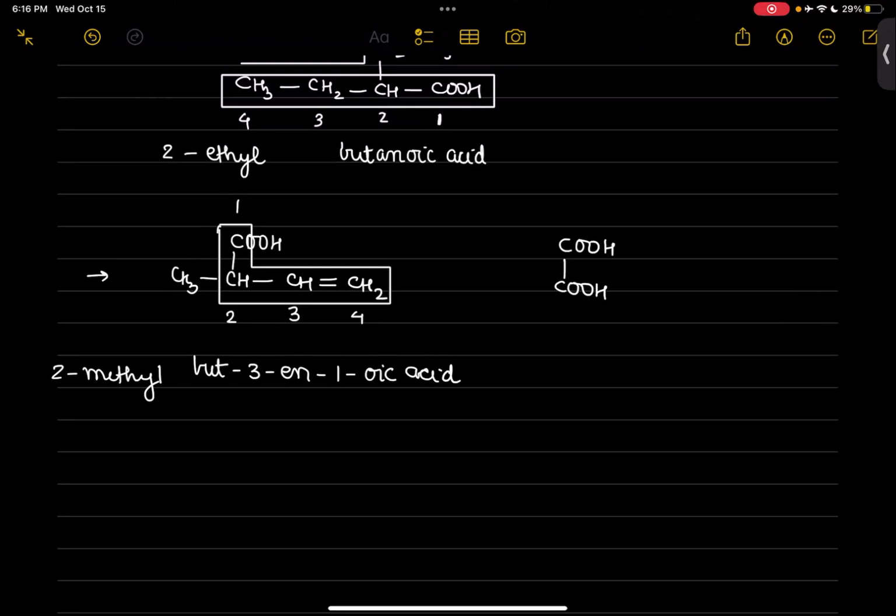You might have done the titration in school with KMnO4 and oxalic acid. Got it? So tell me the name. But that is a common name; you can't write it here. IUPAC name.